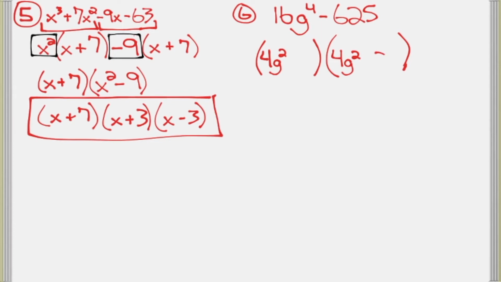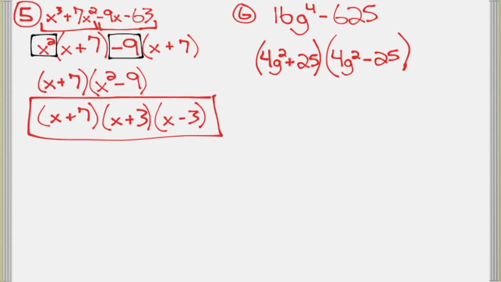And in order to get 625, we do 25 multiplied by 25. All right, then the last part of this is to know those signs. Well, in order to get a negative 625, one has to be positive, one has to be negative. So I'm going to put addition here, subtraction there, and then that's also why there is no middle term.